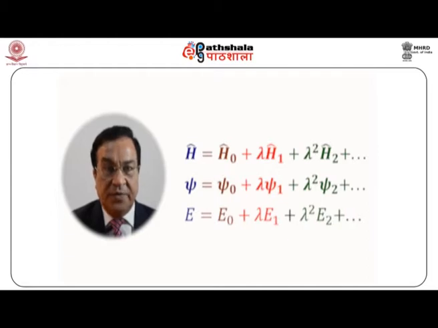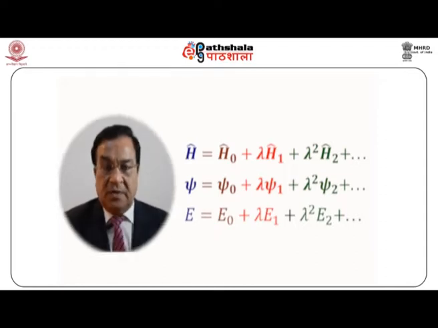Similarly, for the wave function ψ, we will have ψ0 plus λψ1 plus λ²ψ2 plus so on. And similarly, the total energy of the system also can be expressed as a Taylor series expansion as E0 plus λE1 plus λ²E2 plus so on.